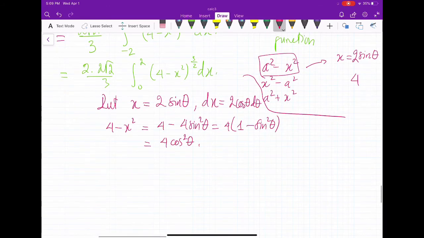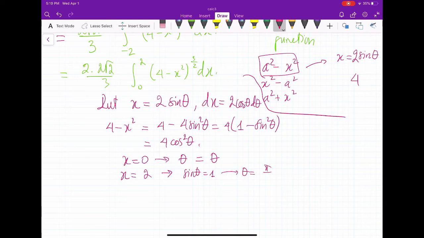Okay, and of course you need to change the integration limits too, right? So when x equals 0, theta is equal to 0. When x equals 2, I can solve for theta. That is sine theta equal to 1, right? So you can solve that. Theta is equal to pi over 2.